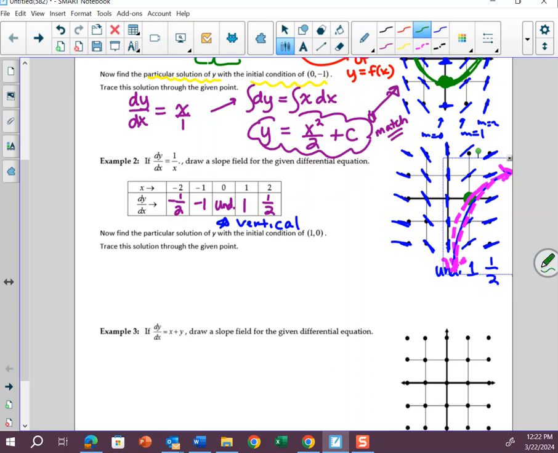Okay. And let's check this one out. dy over dx equals 1 over x. If we did a separation of variables, I would get x times dy equals dx. That's me cross multiplying.